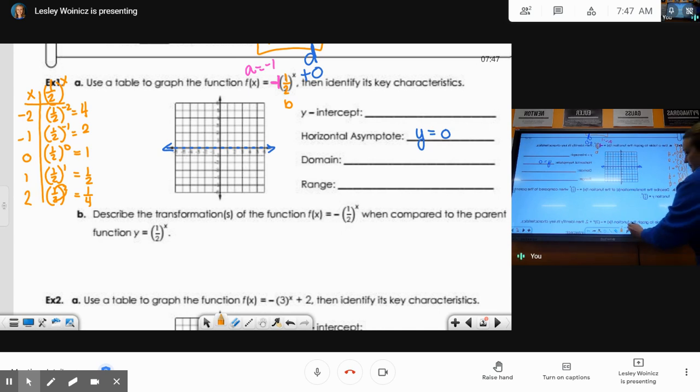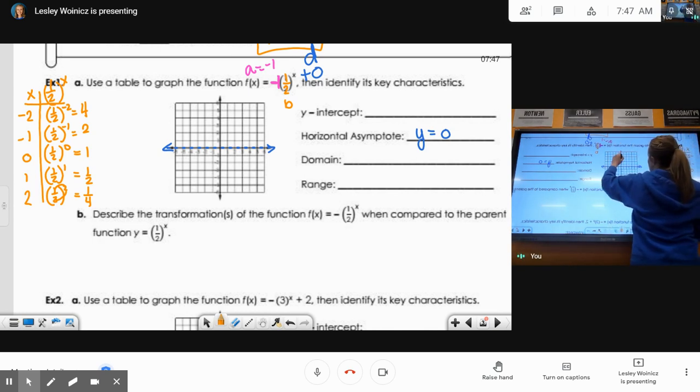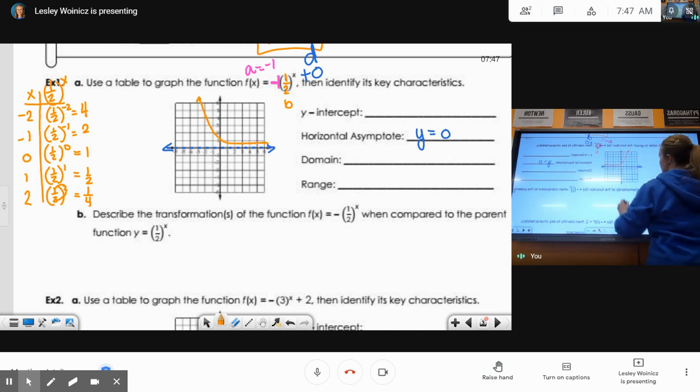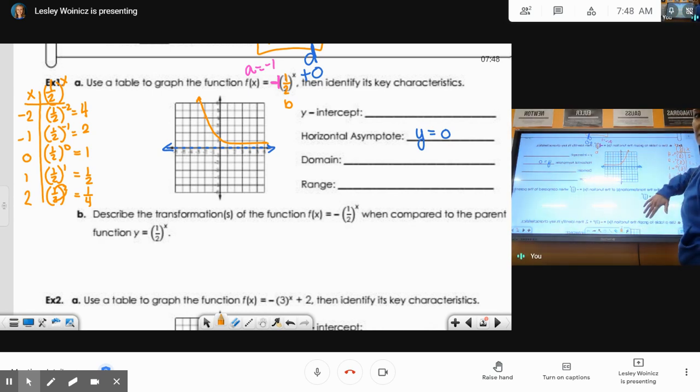Here's the thing. If I were to graph this, it would just give me something that looked like this. But I don't want that. I want its reflection in the x-axis.